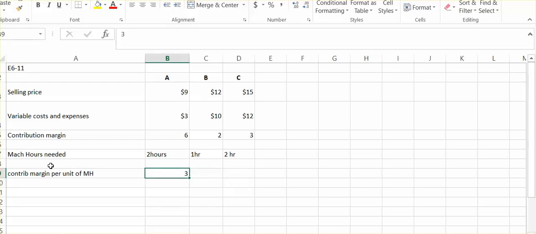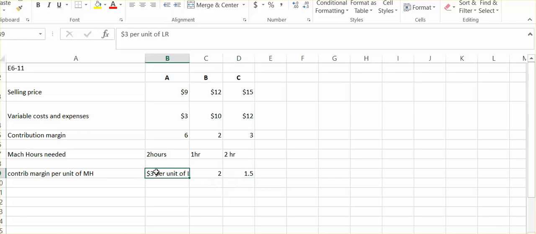So $3 per unit of limited resource. This gets $2, right? So 2 divided by 1. And here's 3 divided by 2, and we get 1.5.